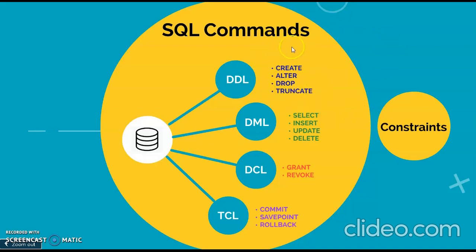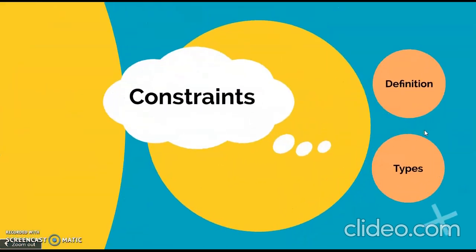When we talk about DDL or the structure of the table, we will require constraints. Now why constraints? What is the requirement of constraints? Constraints can be specified when the table is created with the create table statement. Let's see the definition and the different types of constraints that can be used.